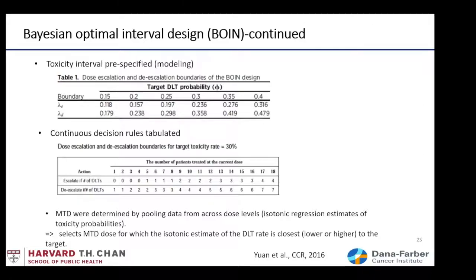And the second question is, any consideration in terms of the window of DLT observation in the IO setting, as we know that some immune-related adverse events occur really late? Yeah, this is another question. At the end of the talk I mentioned one thing, and this is delayed toxicity.